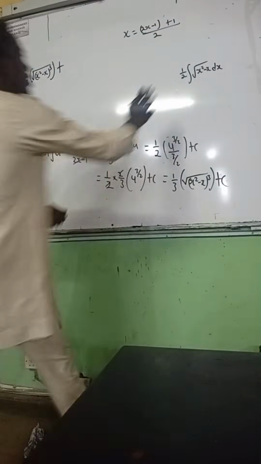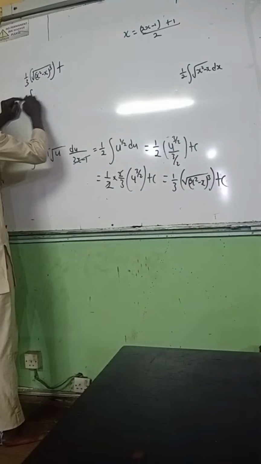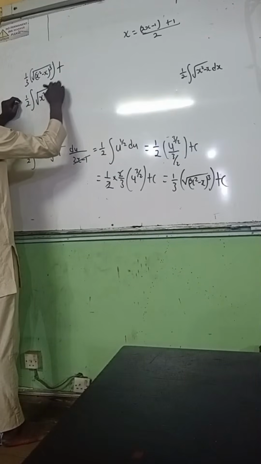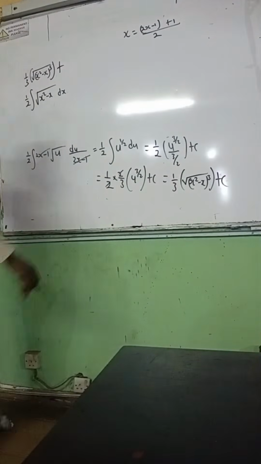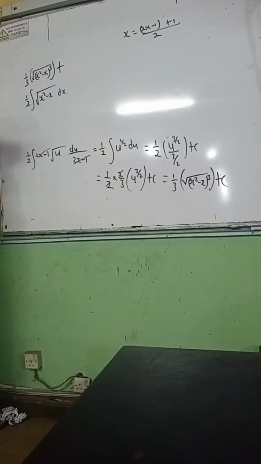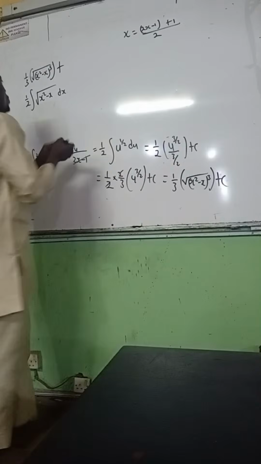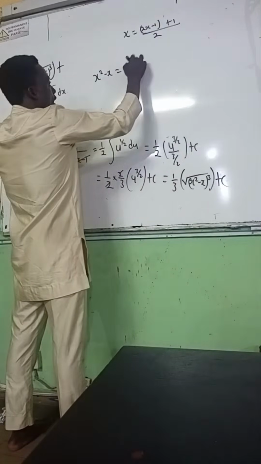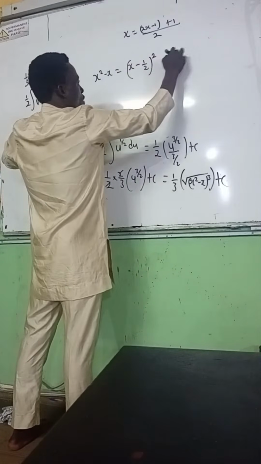Now I want to solve this one: 1 over 2 integral of square root of x squared minus x dx. Once we solve it, we just add it to the first part. Note x squared minus x equals x minus 1 over 2 all squared minus 1 over 4.